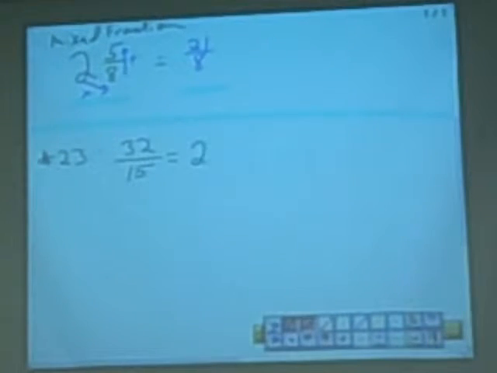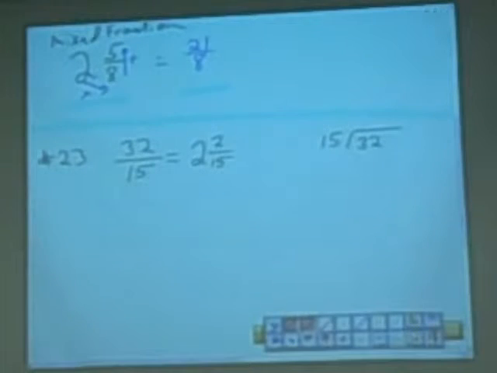Twice, right? And so what do we have left over? 2. So 2 and 2/15.